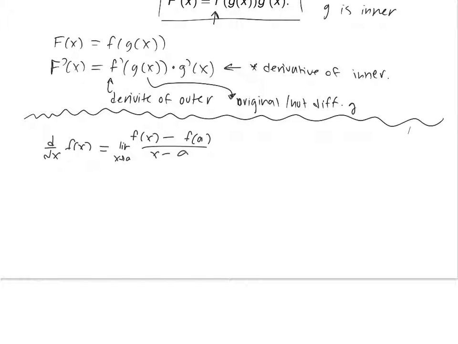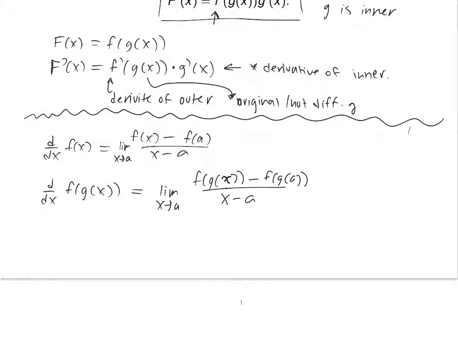It turns out that the easiest way to prove this is to use that definition. The derivative of f of g of x is the limit as x goes to a of f of g of x minus f of g of a over x minus a. So just with f of g instead of just plain old f.